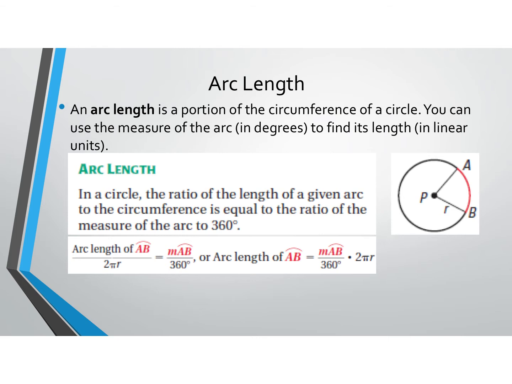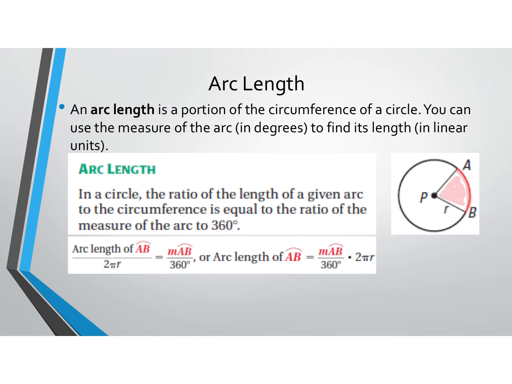So let's think of this arc length that's in red here. Think of this as being like a piece of pizza or a piece of pie. The arc length now is the length of the crust. If you were to cut off the crust and then straighten it out and measure it, like if you got a ruler and you measured it, that's the arc length.